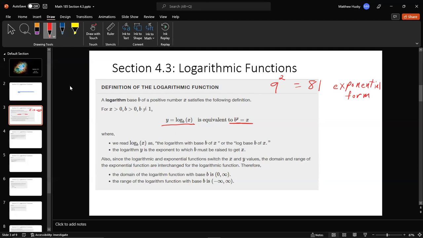So the base of the power is also known as the base of the log. So what I would do is I would call this log of base 9, because that's the base of the power. The number that goes into the logarithm is what that equals, which is 81. And then what the logarithm equals, the log equals an exponent. So the exponent that you need to go from 9 up to 81 is an exponent of 2. This is known as logarithmic form.